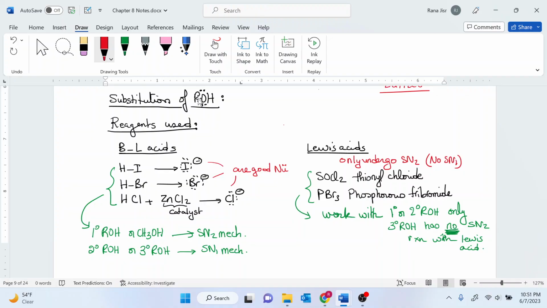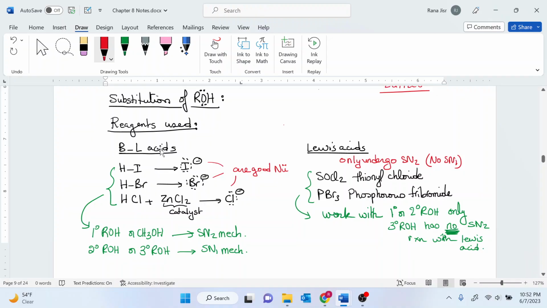We're still going to use an acid in order to perform the reaction since we need to protonate the oxygen. So the acids that we're going to use now are going to be different than the ones that we use for elimination, because those acids need to generate a nucleophile for the substitution reaction to happen.